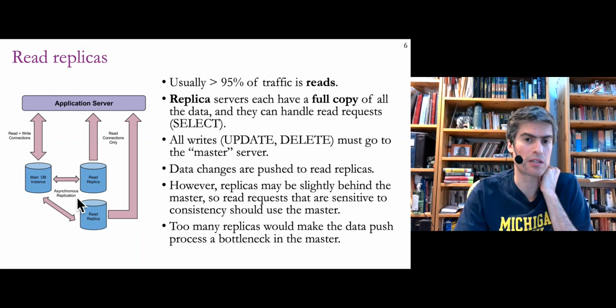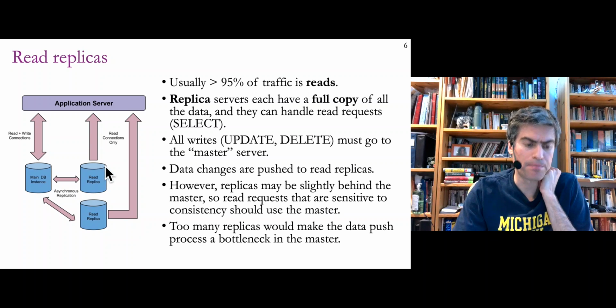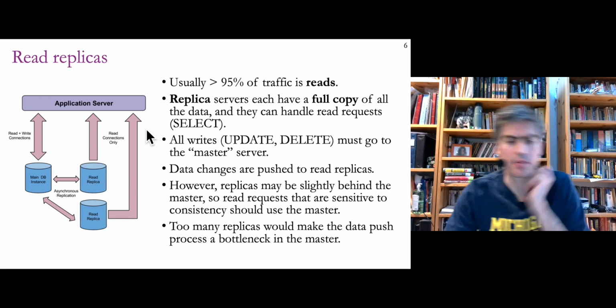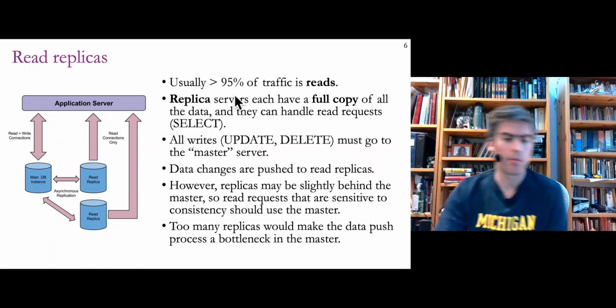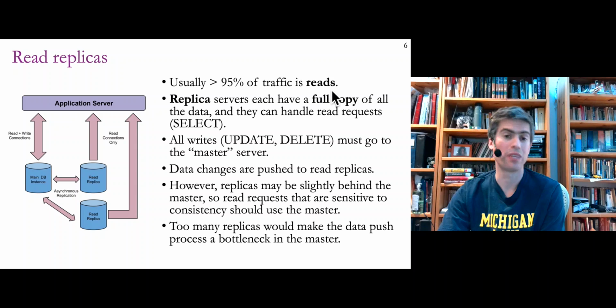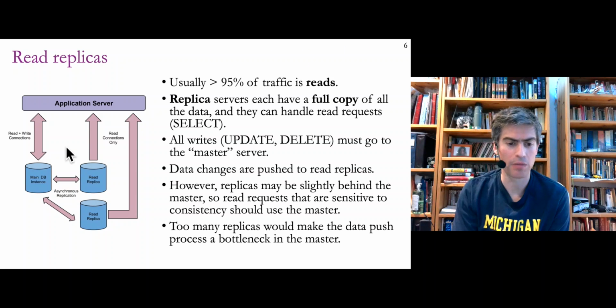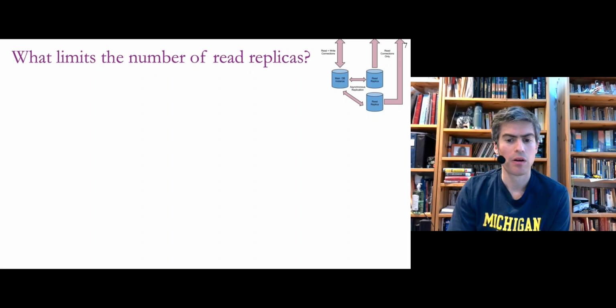They'll be eventually consistent. It's called eventual consistency. And because most applications have a majority of traffic be reads as opposed to writes, this design works well, and it helps scaling. Okay.